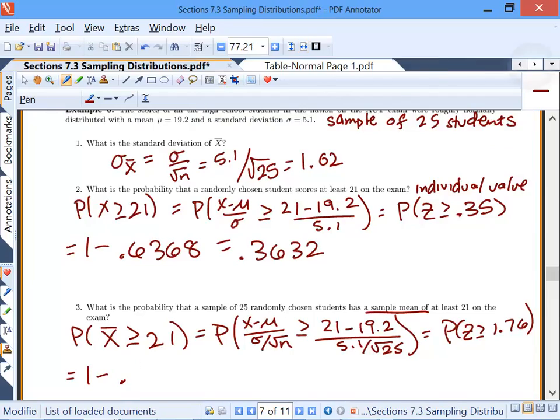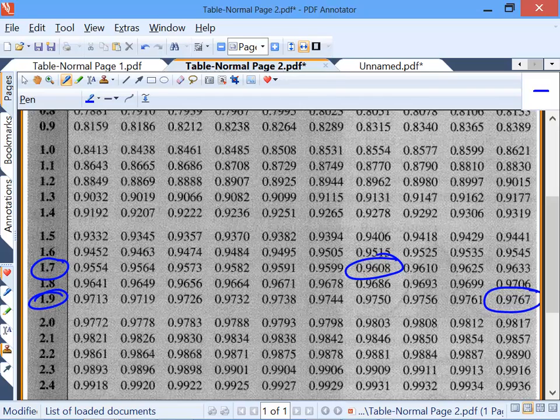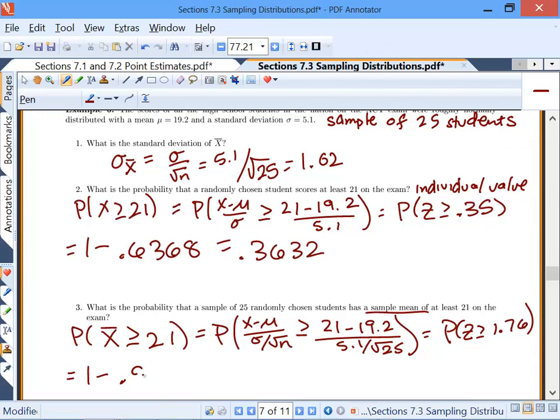So 1 minus 0.9608, which is 0.0392. So the probability of just one student getting at least a 21 is 36%. The probability of the sample mean being at least 21 is only 3%.